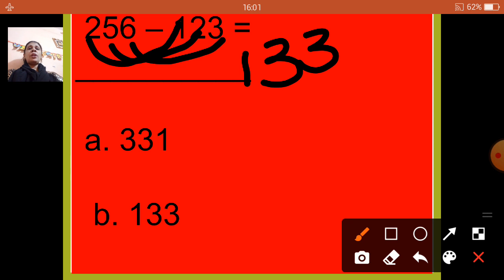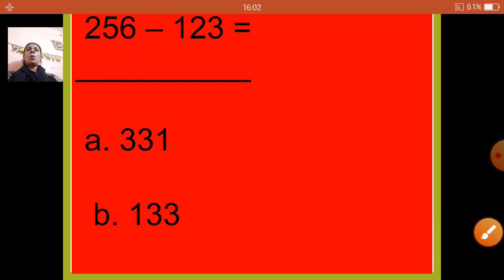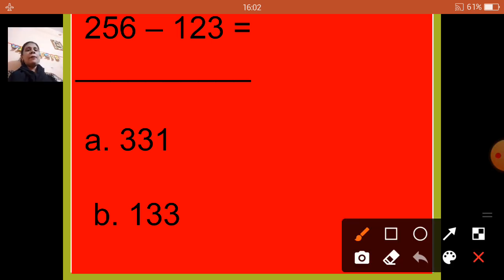So when we subtract 256 minus 123, what is our answer? 133. That means option A is correct or option B? Option B, that is 133. When we subtract 256 minus 123, we get our answer, option B, 133.